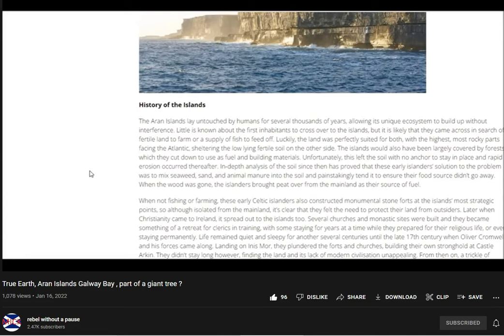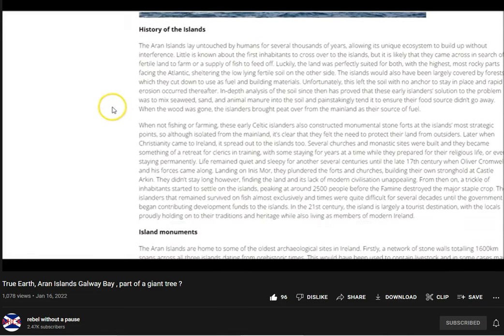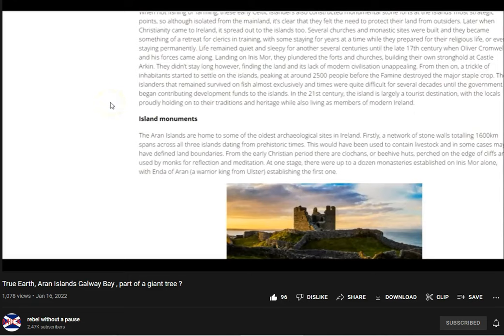In-depth analysis of the soil since then has proved that these early islanders' solution to the problem was to mix seaweed, sand and animal manure into the soil and painstakingly tend it to ensure their food source didn't go away. When the wood was gone, the islanders brought peat over from the mainland as their source of fuel. No mention they built their walls.